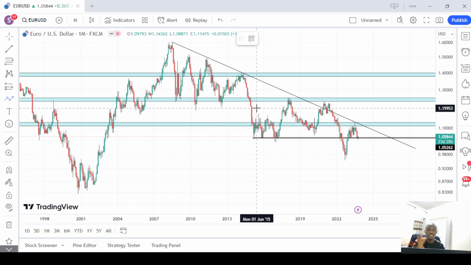If you are looking at market structure, don't just go down to the weekly, daily or 4 hourly. Come to a higher time frame like the monthly and look at the flow of the market, how the market is formed, how the structure is. Once you can decode where the market is flowing towards, then you are able to trade it.